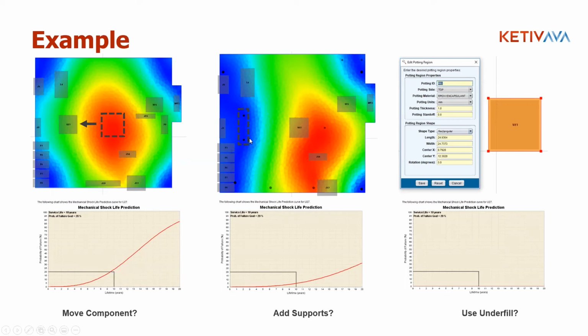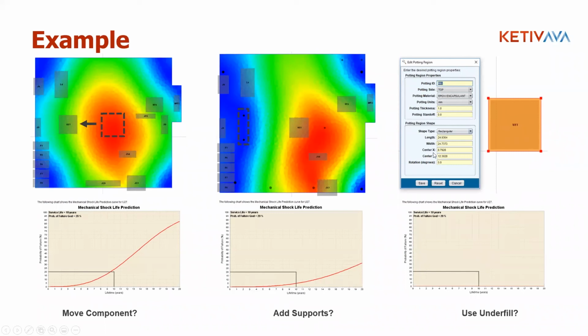And so this middle box here shows the results of adding more supports in the middle. That again improved the lifetime somewhat, but we're still seeing 5% failures after 10 years. And then finally, a third solution is to add some sort of underfill to the SoC.